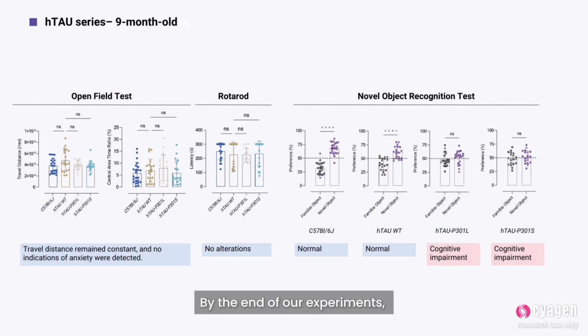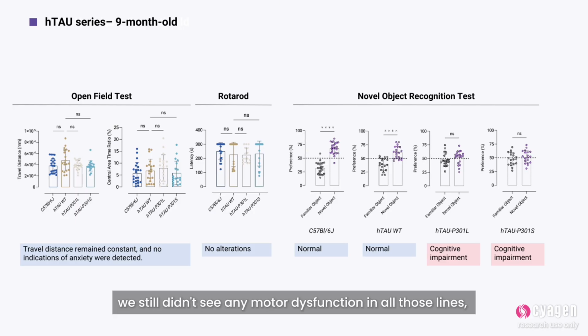By the end of our experiments, at the 9 months old time point, we still didn't see any motor dysfunction in all those lines, but we did see the cognitive deficit in both P301L and P301S. Now P301L is catching up. Eventually, the cognitive deficit happened as expected, yet slower than P301S, also exactly like in human.